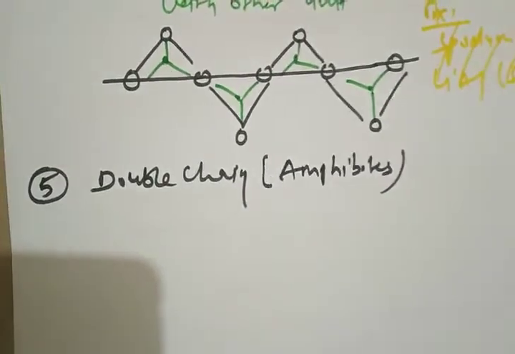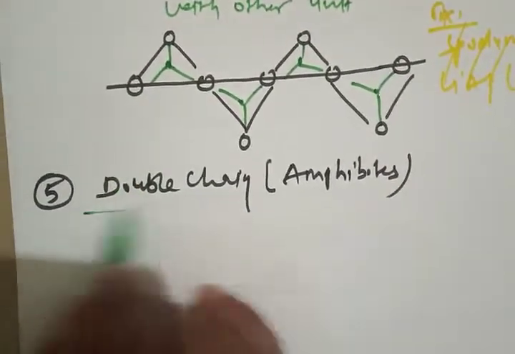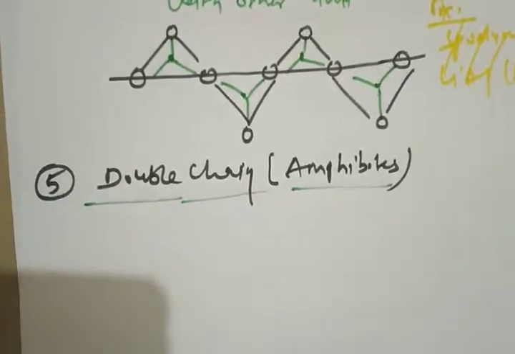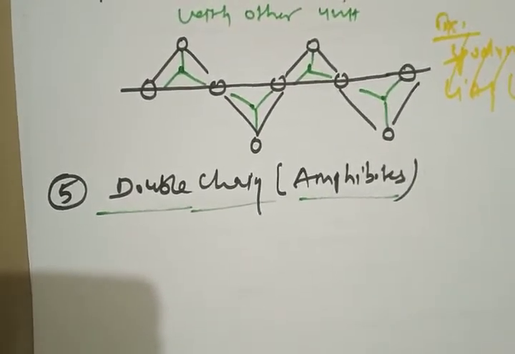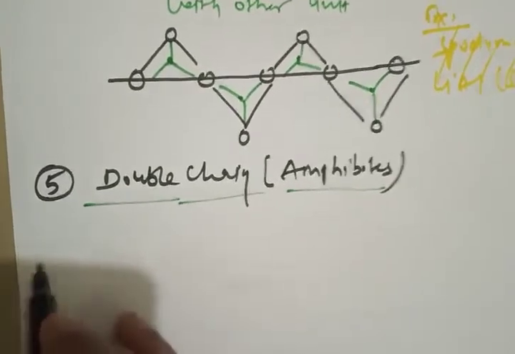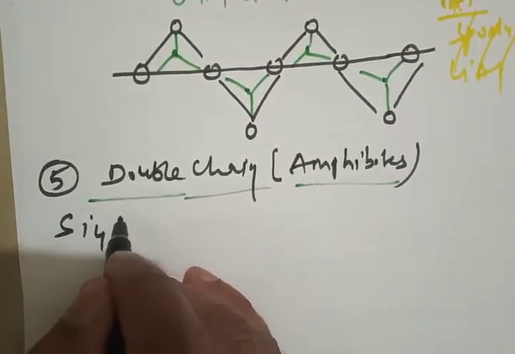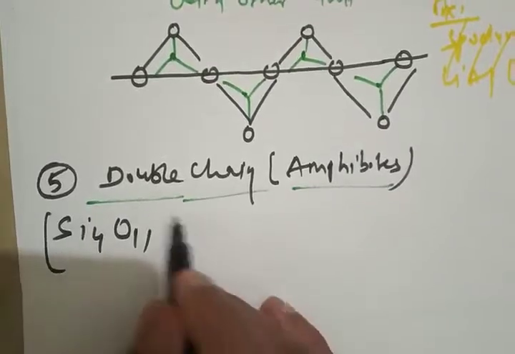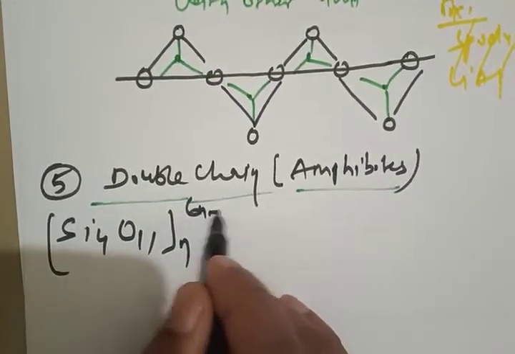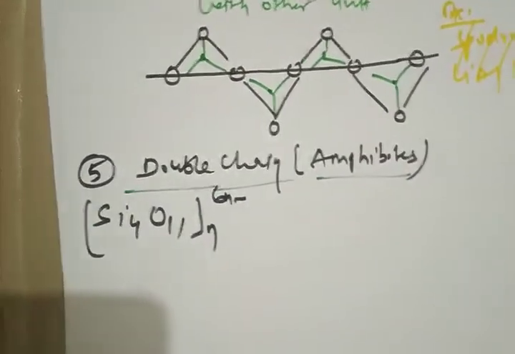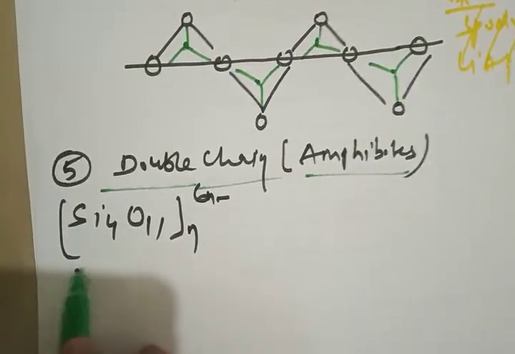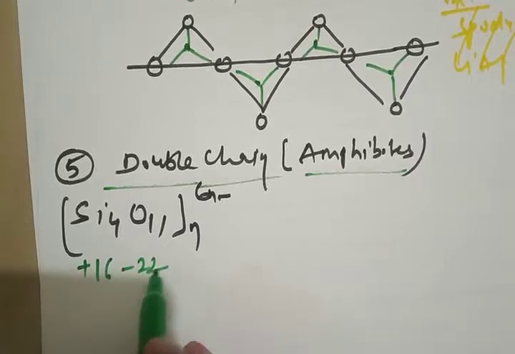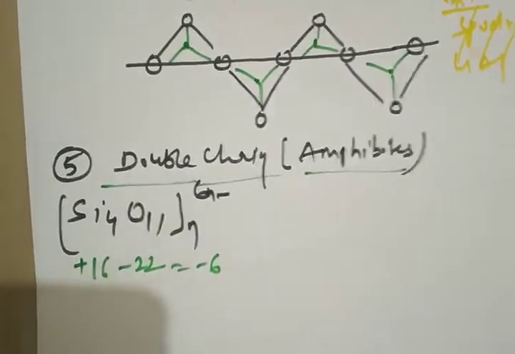So you should remember the other name also. Sometimes the question may ask from this also. So for the double chain, the basic unit is Si4O11 6n negative. You can identify the valency. Si is +4, so this will be +16, this is -22, so this will be -6.